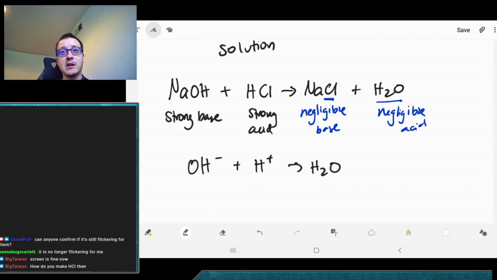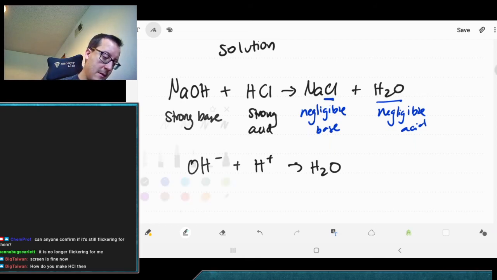So the net ionic equation gives you hydroxide plus H plus turns into water, and that's it. So chloride doesn't figure in because chloride is just there as a negligible base, doesn't do anything. It's there to balance out the H plus, as it were. Just like sodium is there to balance out the OH minus, sodium is another spectator. It doesn't really do anything in the chemistry.